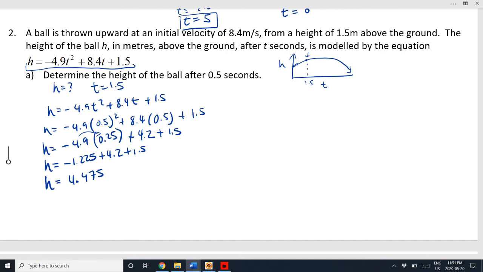And so we can summarize that at 0.5 seconds, the height of the ball is 4.475 meters.